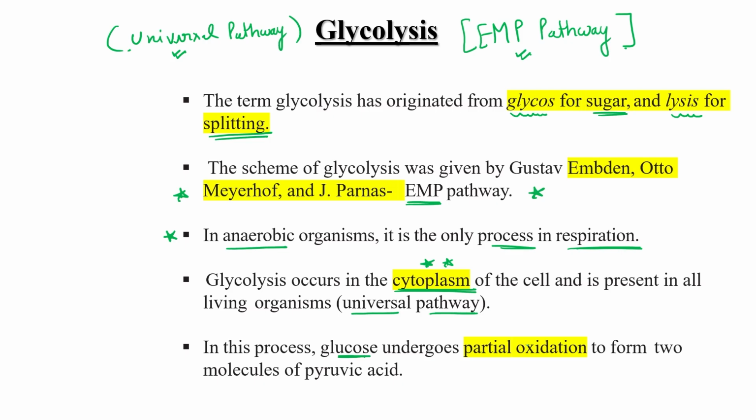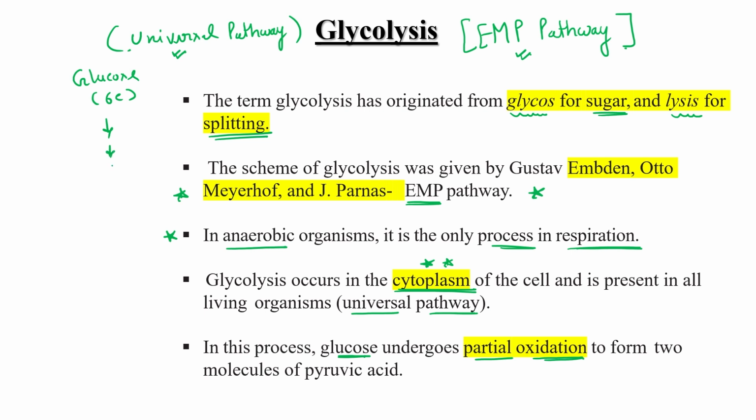Okay, and in this glycolysis, glucose actually undergoes partial oxidation. Partial oxidation of glucose occurs, and glucose is then further converted or split into two molecules of pyruvic acid. So this is glucose, which is a 6 carbon molecule.